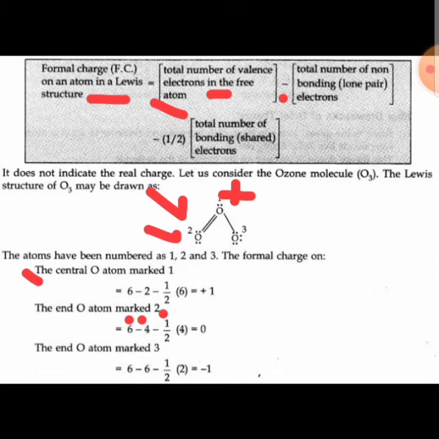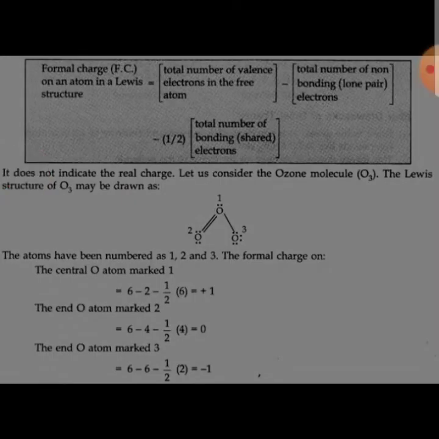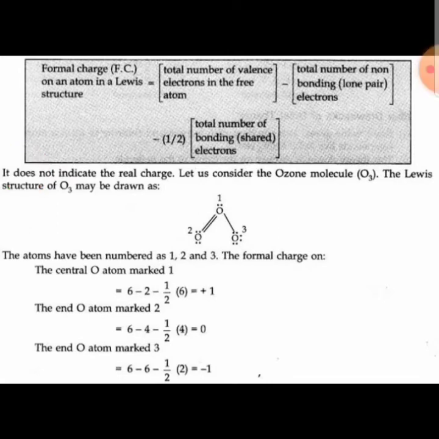A total of 2 covalent bonds are there around the second oxygen, 2 twos are 4. So 6 minus 4 minus half into 4 is 0. So on the second oxygen, we are not going to mention any kind of charge. So on the first oxygen, positive charge; on the second oxygen, there is no charge.